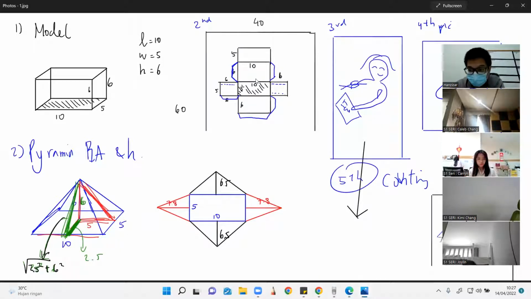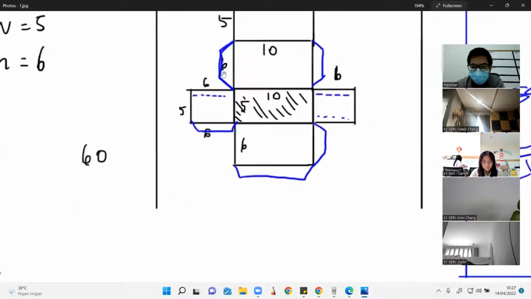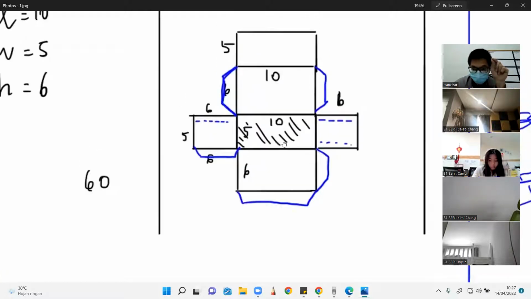And don't forget, this is the important thing: the gluing part, the gluing area. If you want to stick between its surfaces, you need to provide some extra part to glue, and then you can stick it with this part of the 3D shape.